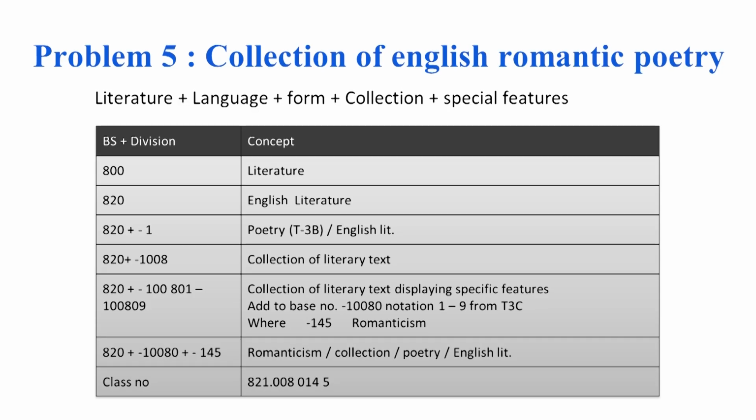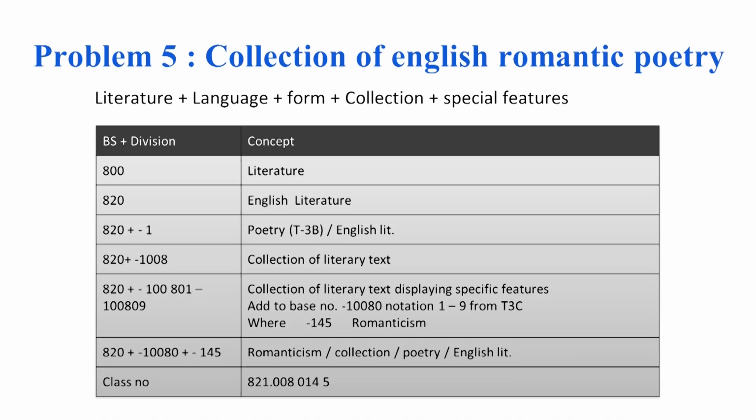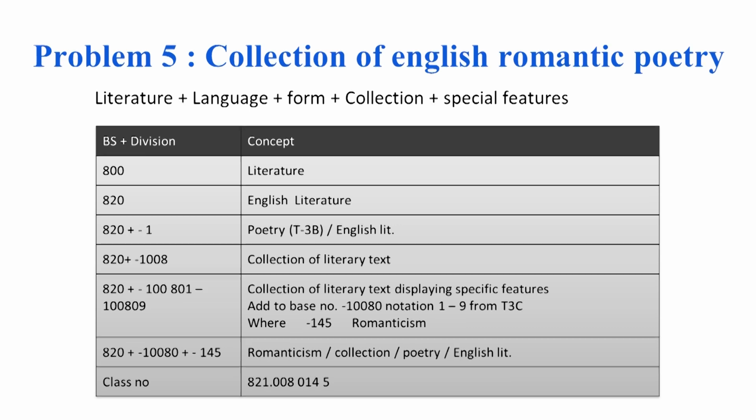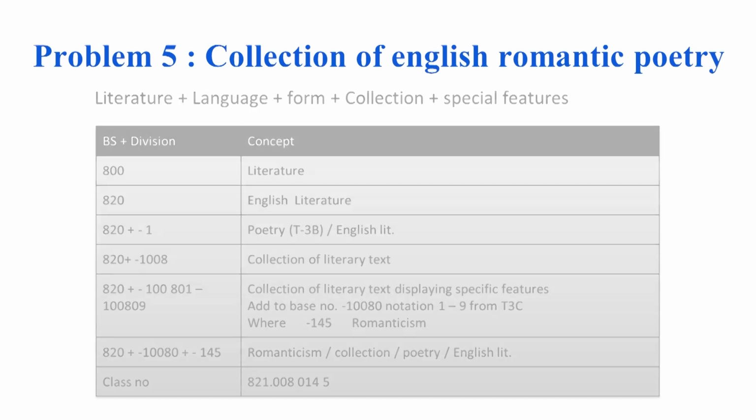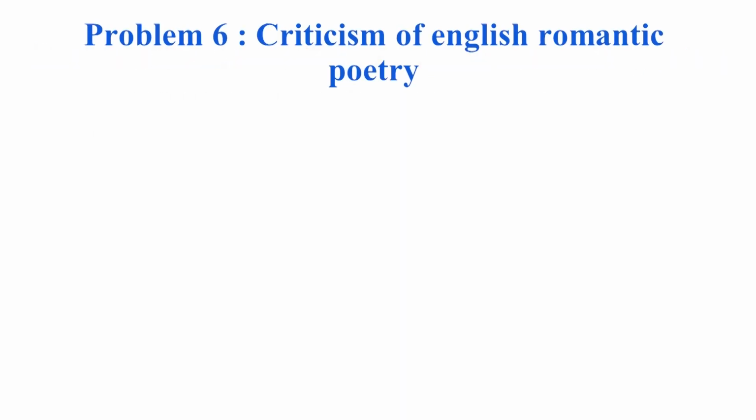So therefore that is the facet formula: literature, language, form, then collection 008, then a 0 would be there, then special feature to be placed.